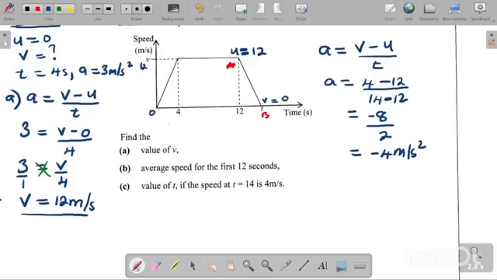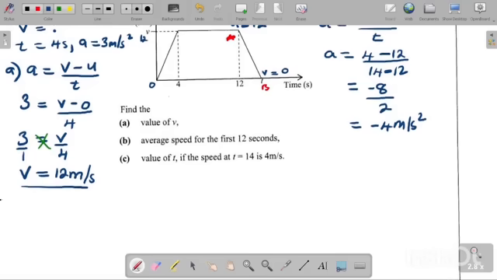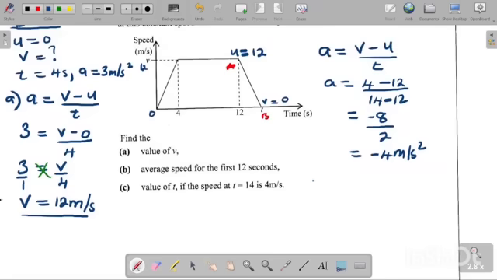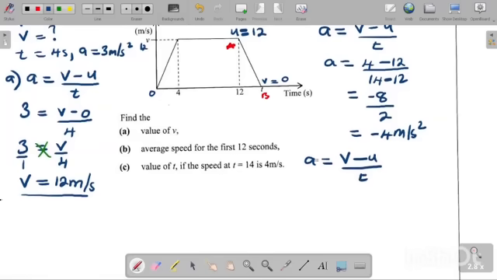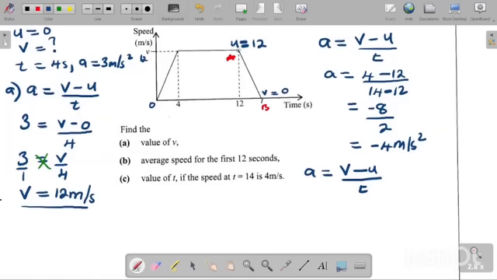To find the value of t, we use the formula for acceleration and solve for t. Acceleration is equal to final velocity minus initial velocity divided by time. We already found the acceleration along this line, negative 4.